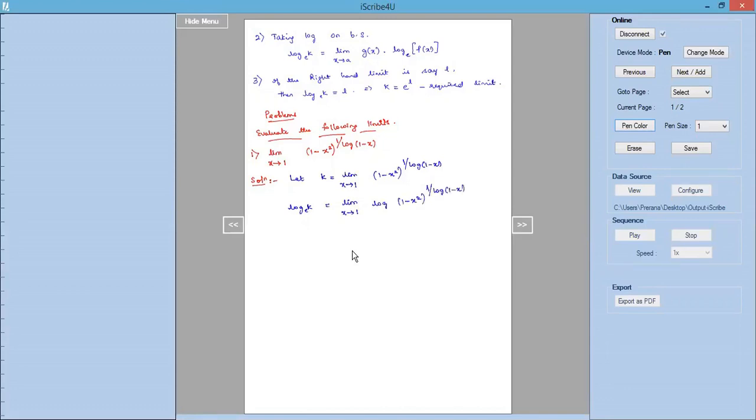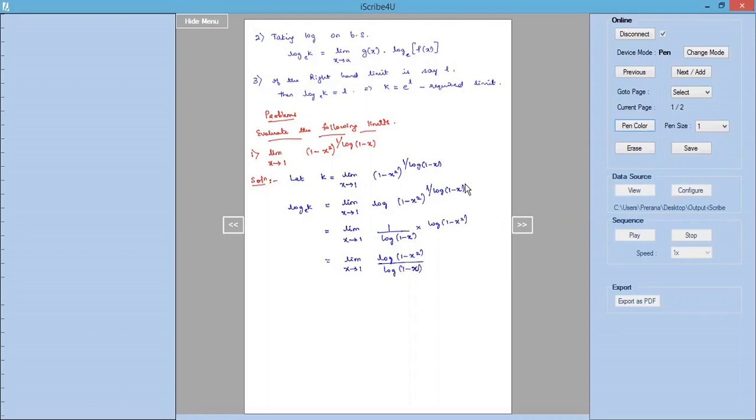Now, using log m power n, which is equal to n log m, this gives us limit as x tends to 1 of 1 divided by log of (1 minus x) into log of (1 minus x square), which is the same as log of (1 minus x square) divided by log of (1 minus x).